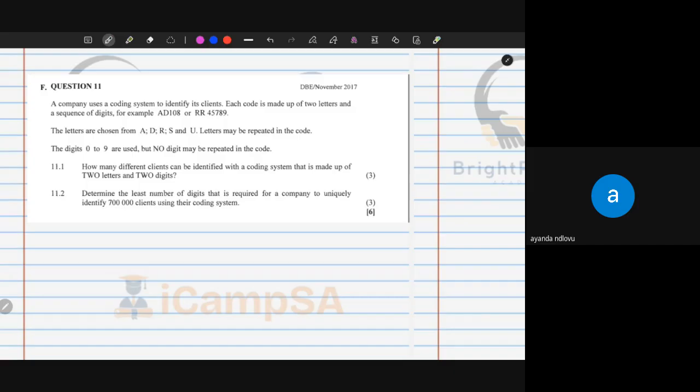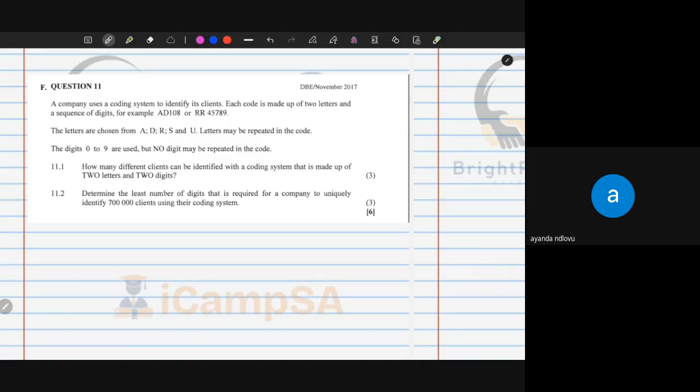A company uses a coding system to identify clients. Each code is made up of 2 letters and a sequence of digits. For example, AD108 or RR45789. The letters are chosen from A to R, S, and U. Letters may be repeated in the code.